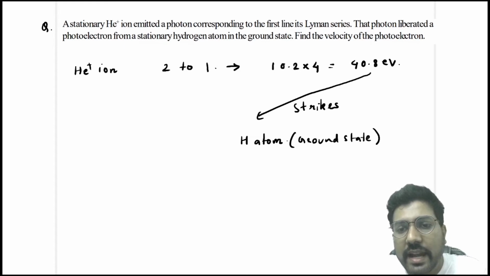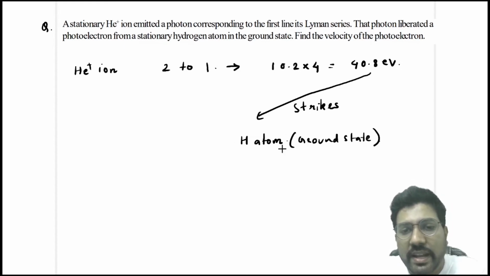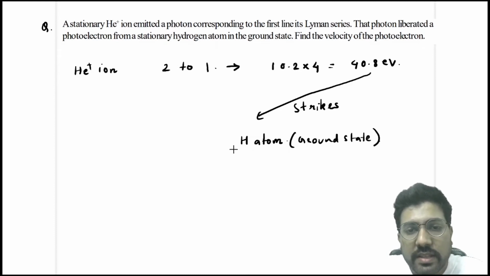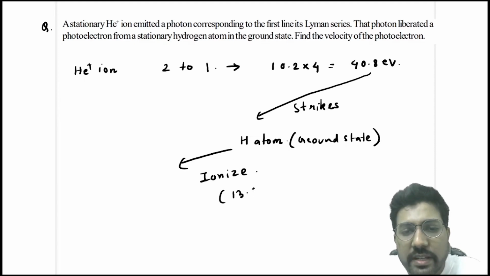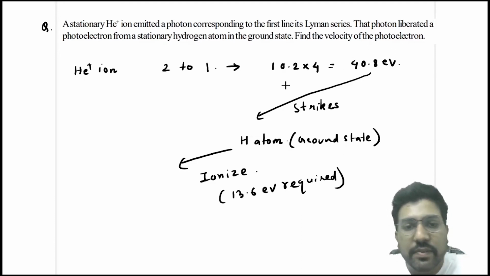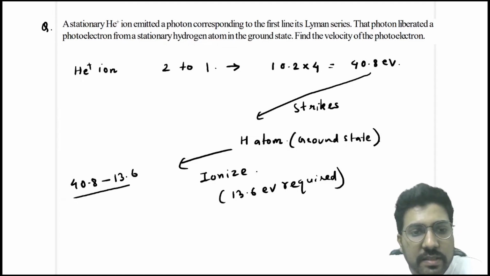You know that it will ionize, because this energy is sufficient to ionize a hydrogen atom. It requires only 13.6 electron volt, but the energy is excessive, so the remaining energy, that is 40.8 minus 13.6, will be the kinetic energy of the electron.